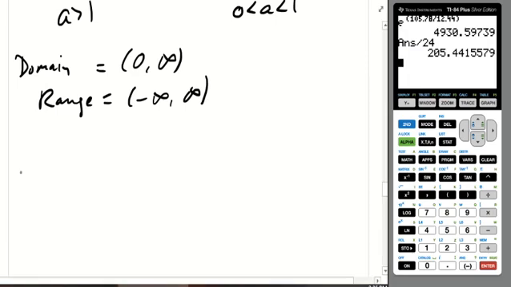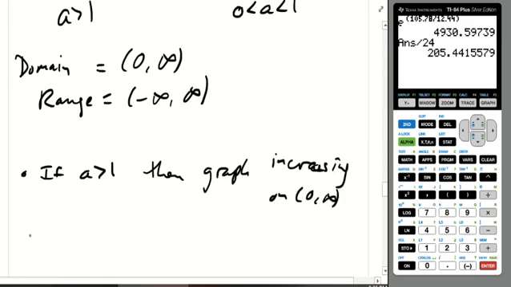Increasing and decreasing: if the base is greater than 1, then the graph is increasing all the time. If the base is between 0 and 1, then the graph is decreasing all the time.